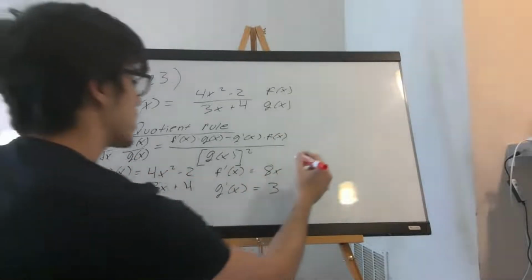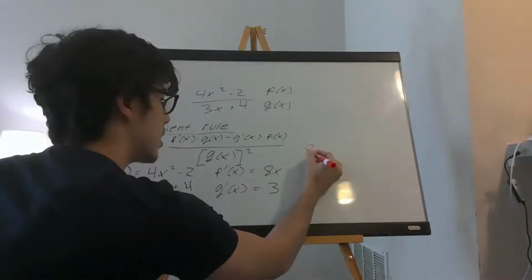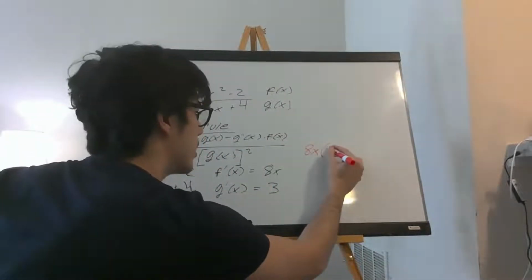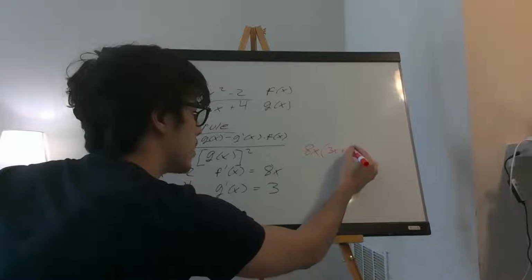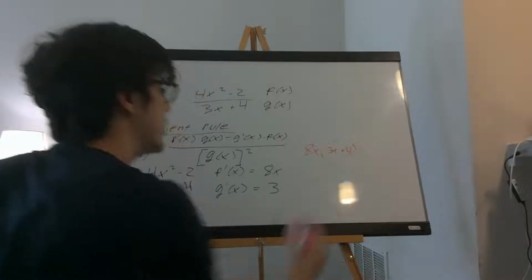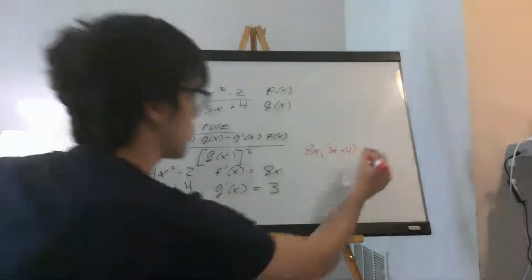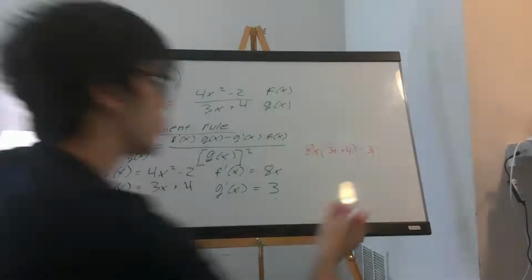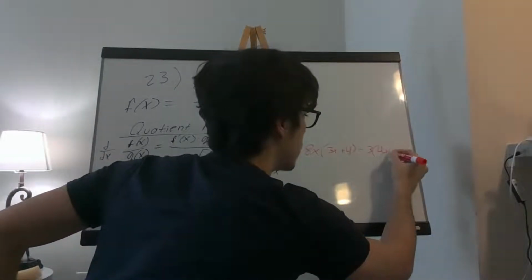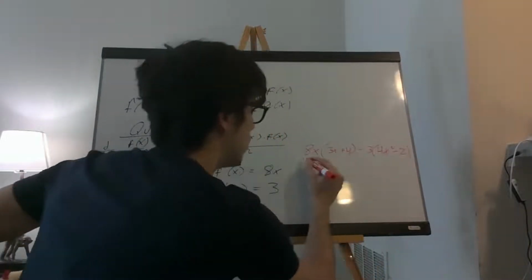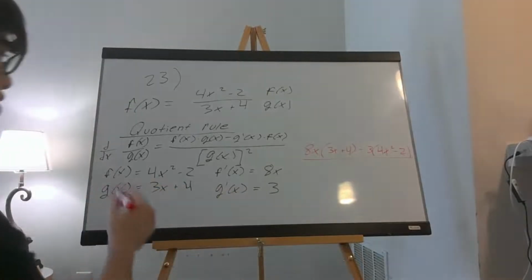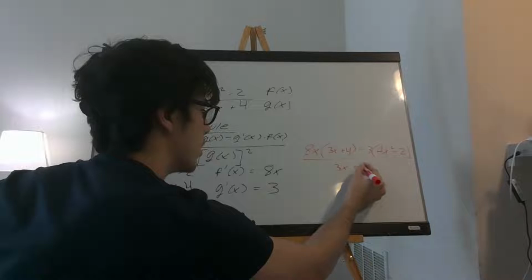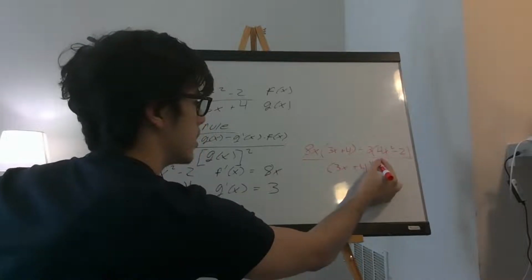So f prime of x, we've got 8x times g of x, which is 3x plus 4, minus g prime of x, which is 3, times f of x, 4x squared minus 2, all over g of x squared, so 3x plus 4 to the second power.